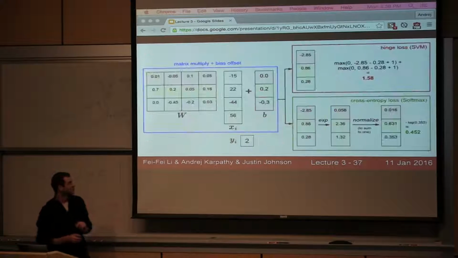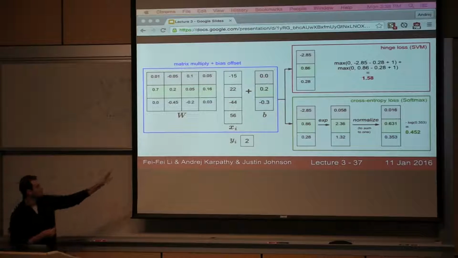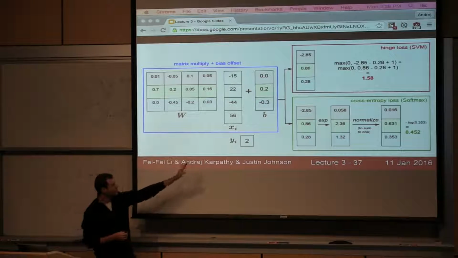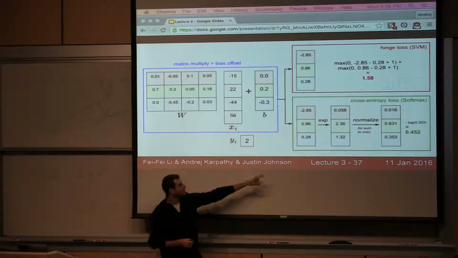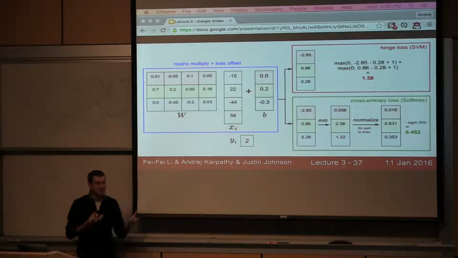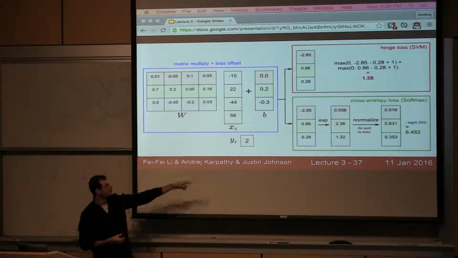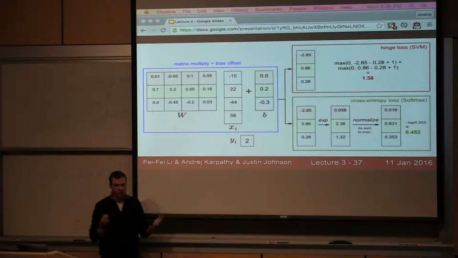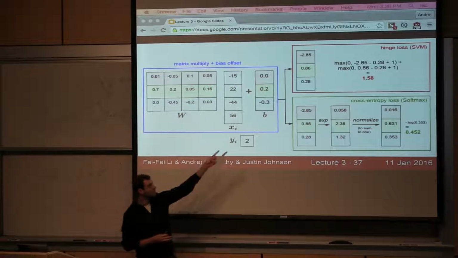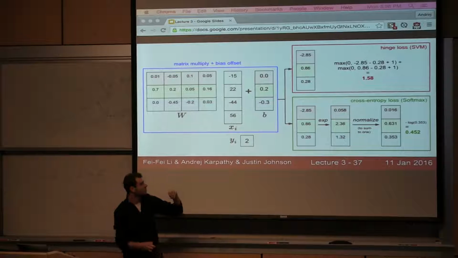I'll show you one more slide and I'll take some questions. Just to reiterate the difference between them: we have the score function, which gives us Wx plus b. We get our scores vector. And now the difference is just how they interpret what these scores coming out from this f function are. Either it's just random scores, no interpretation whatsoever, and we just want the correct score to be some margin above the incorrect scores.